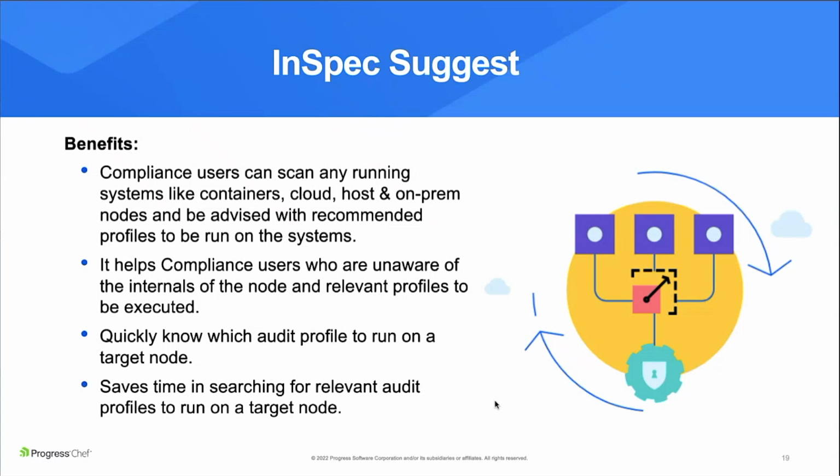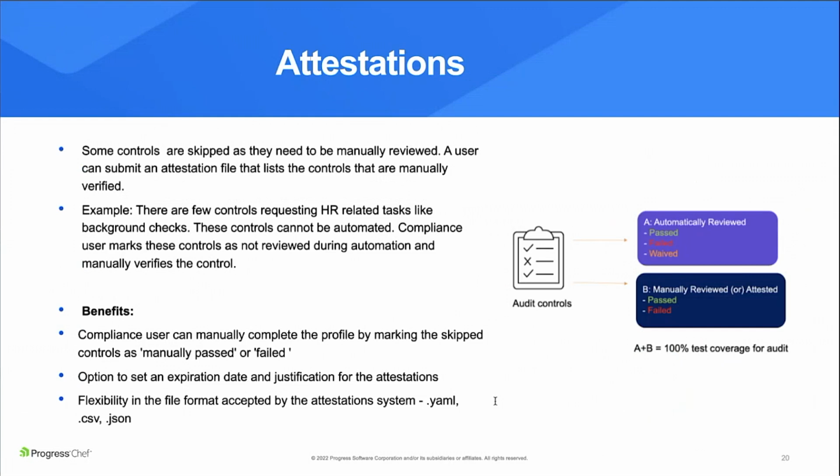So this basically reduces the search time of a profile from the user side, which reduces the overall audit time. So this is about the InSpec Suggest feature, which helps recommend the profiles to be run on a particular target node. And let's move on to attestations.